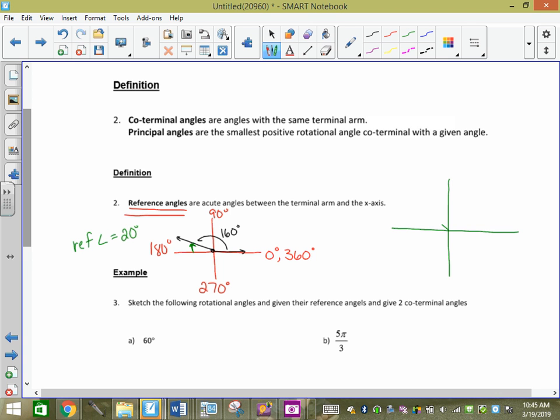If I drew terminal arms out of each quadrant, this would be my reference angle, this would be my reference angle, and they would make a little bow tie with the x-axis. So the reference angles are always the little angles between the terminal arms and the x-axis. And you learned that last year.